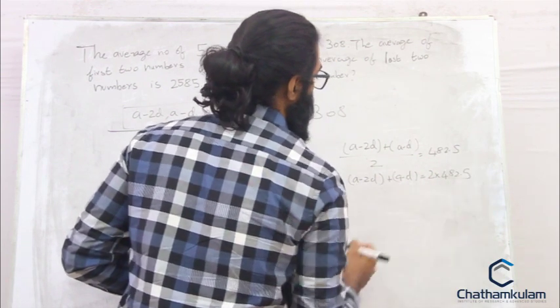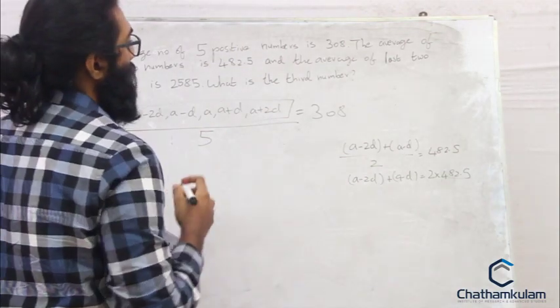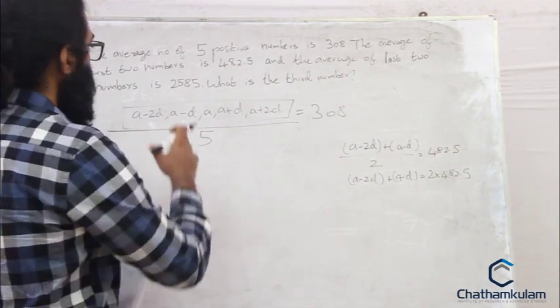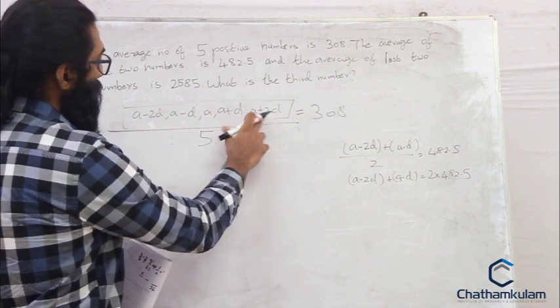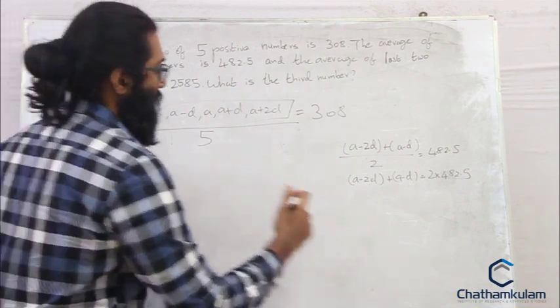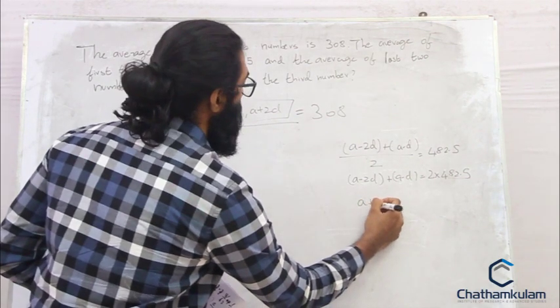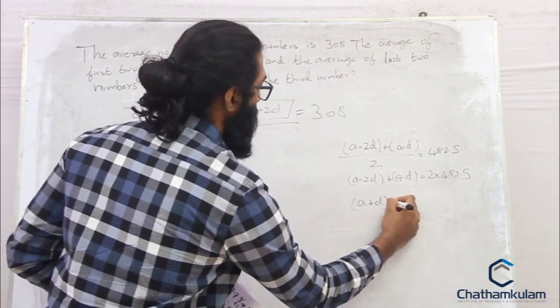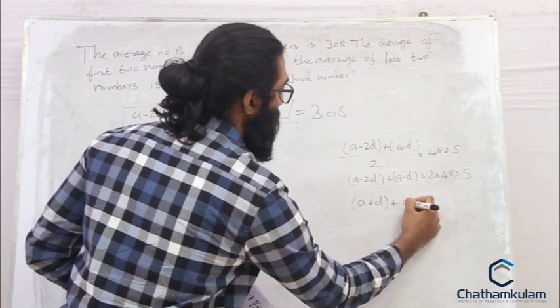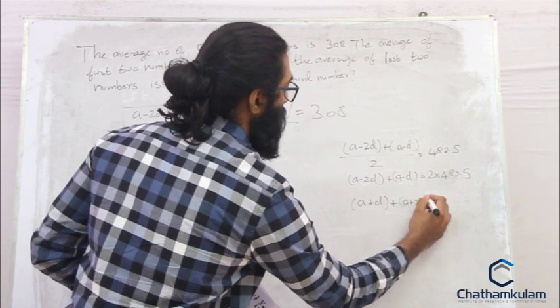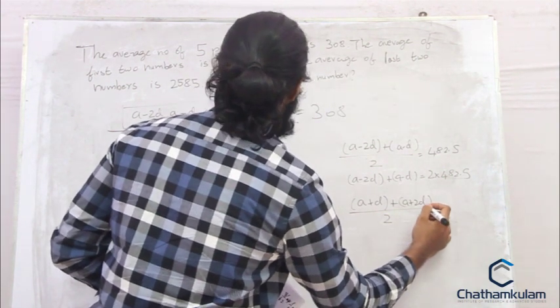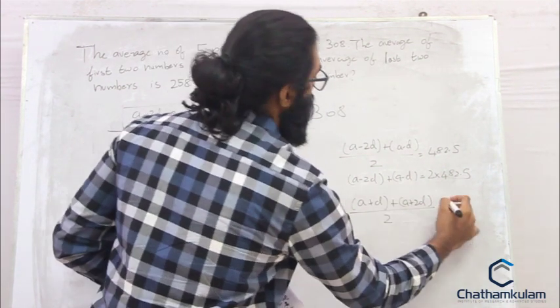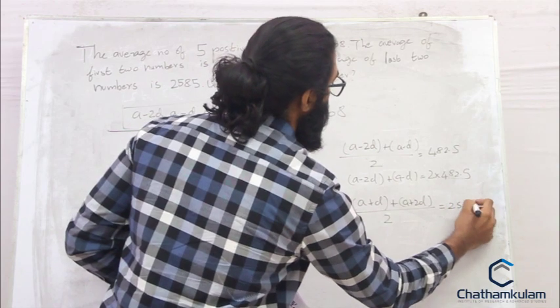482.5. Okay. Then next it is given that the average of the last 2 numbers is 258.5. So these are the last 2 numbers, right? That is a plus d plus a plus 2d, whole divided by 2, equals 258.5.